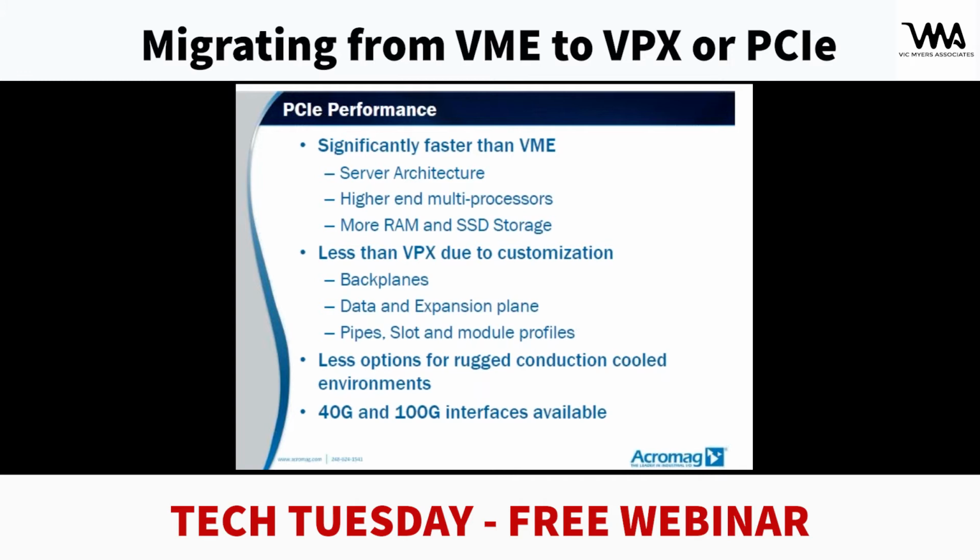And I'll get into that in a little more detail when I'm talking about VPX. Also, there's fewer options for rugged conduction-cooled environments for the PCI Express servers. You get into some shock and vibration issues and extended temperature and cooling issues with PCI Express servers. However, there are a variety of 40 gig and 100 gig interfaces available for PCI Express.